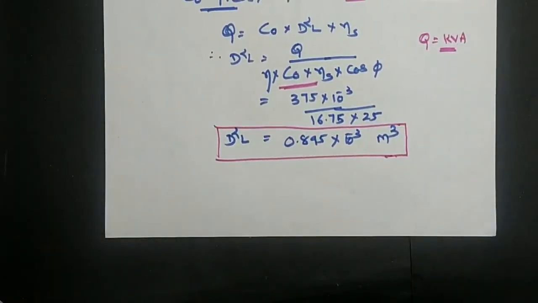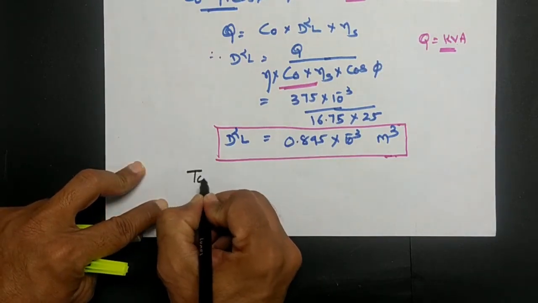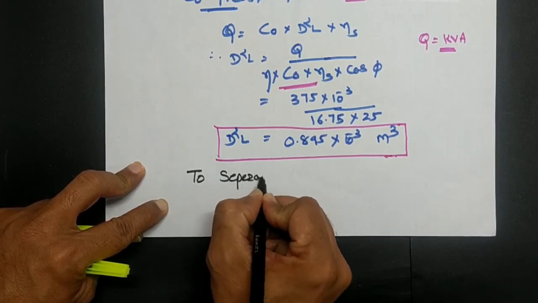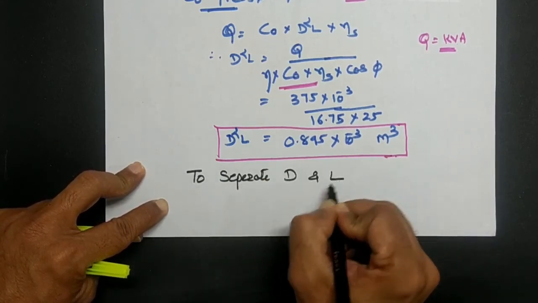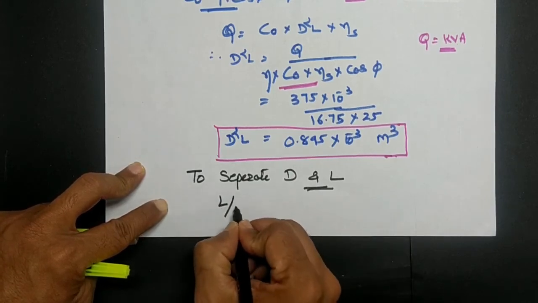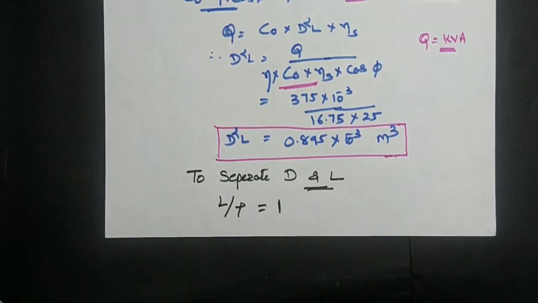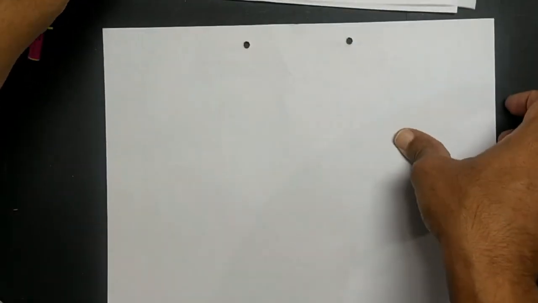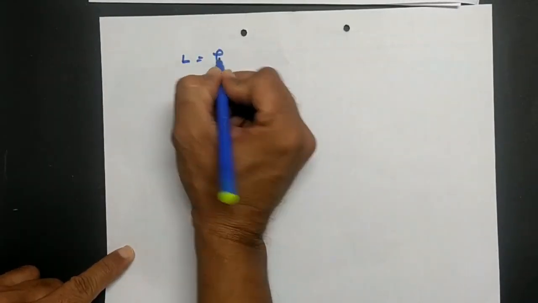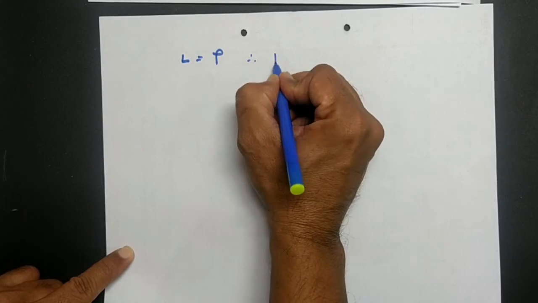Now in the next step we need to separate D and L. To separate D and L, we have to take the L by tau ratio equal to 1. It is not given in the given data, but in case of single phase induction motor we can always consider, if not given, the ratio L by tau equal to 1. Then L is equal to tau.